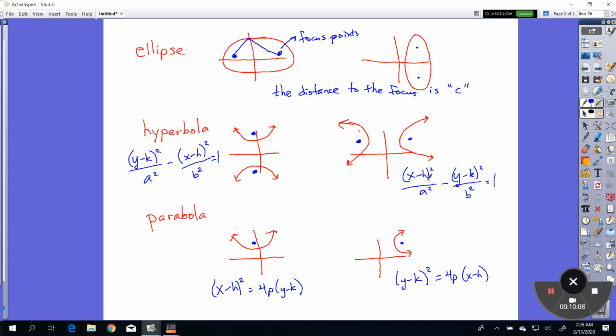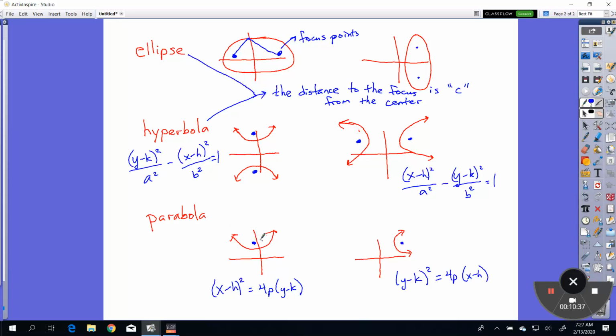So I'm going to give you some formulas for each one of these. So the distance to the focus, from the center. So that's for the hyperbola and ellipse.